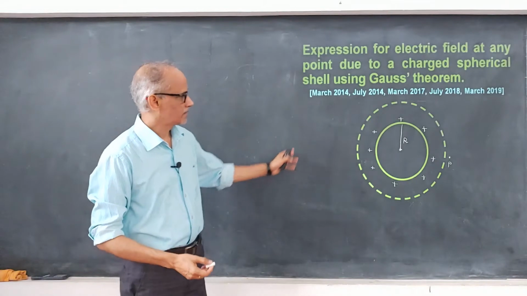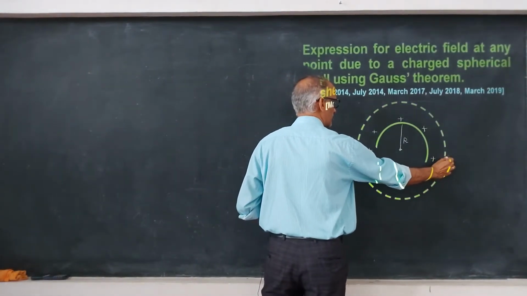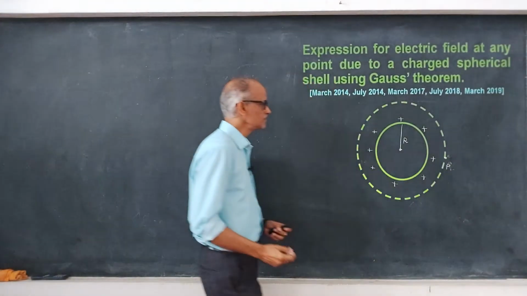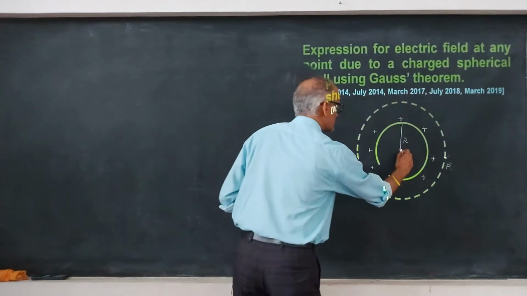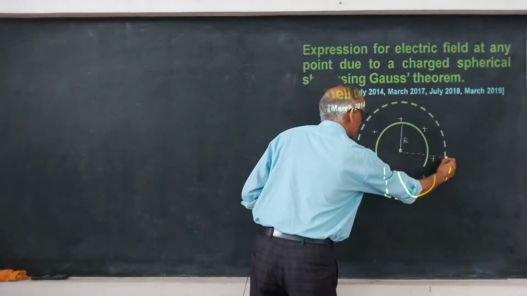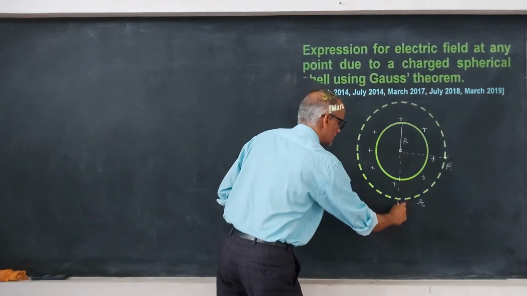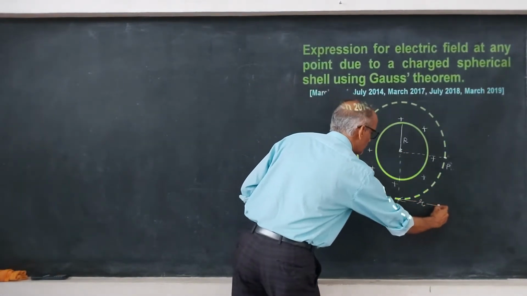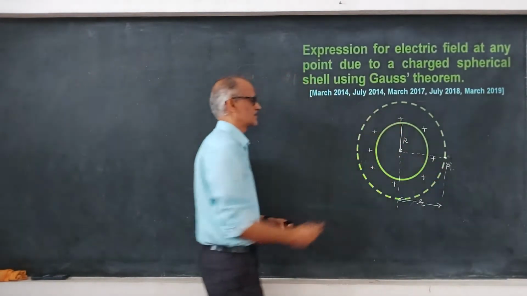This is the Gaussian sphere, and the point P is on that sphere. Point P is at a distance small r, which is the radius of the Gaussian sphere, or the distance of the point from the center of the sphere.